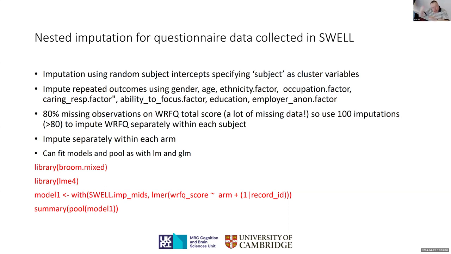You can just estimate each person separately, put in the blanks from their work total score, and then just do the modelling there with the clustering on the person, and you end up again with the pooled estimate.